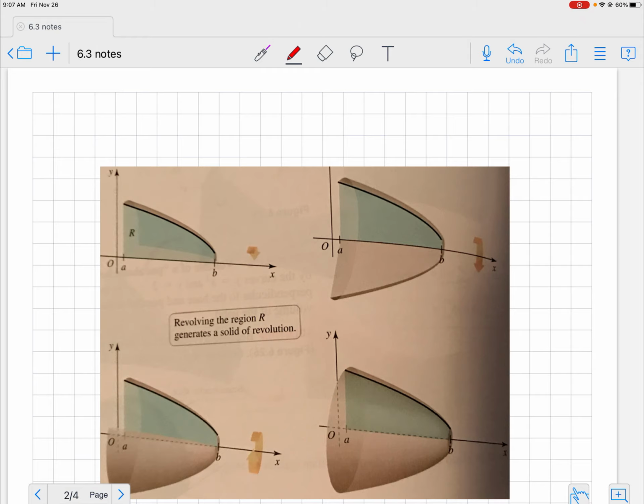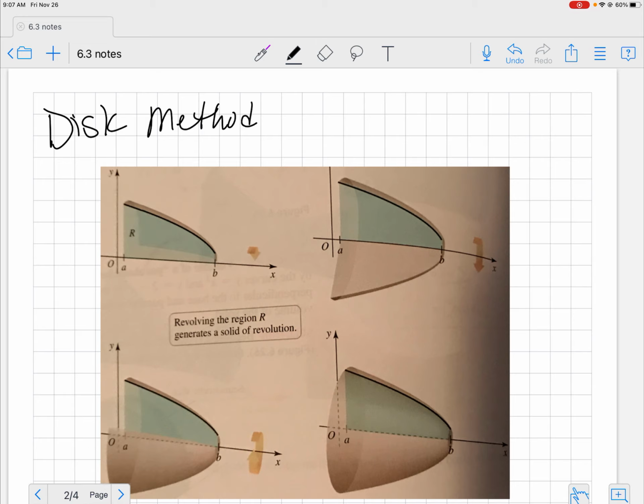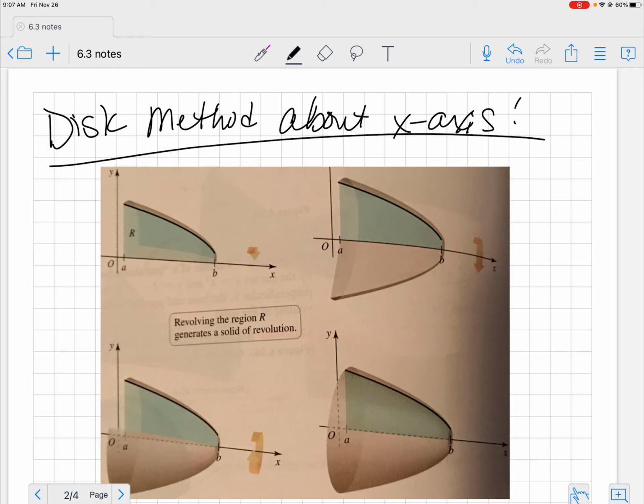Remember how I just said I'm not so good at the drawing? So here we are. Here's a much nicer drawing so we can figure out what this is talking about. We are going to use the disk method about the x-axis. When I say something is about an axis, that means that I am revolving around that axis.